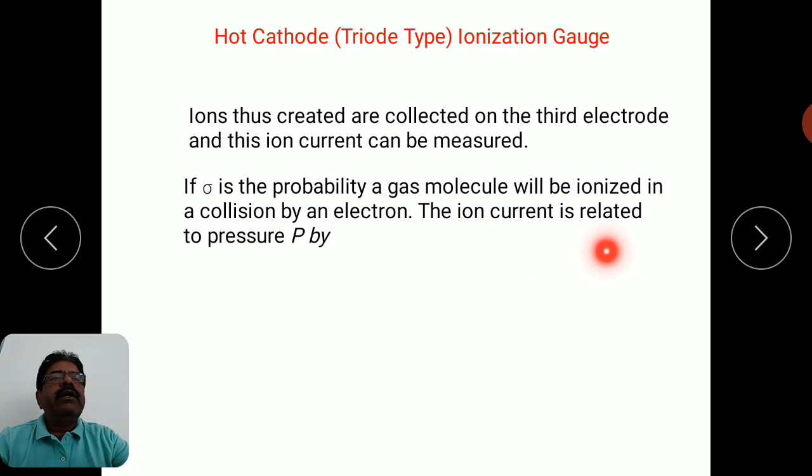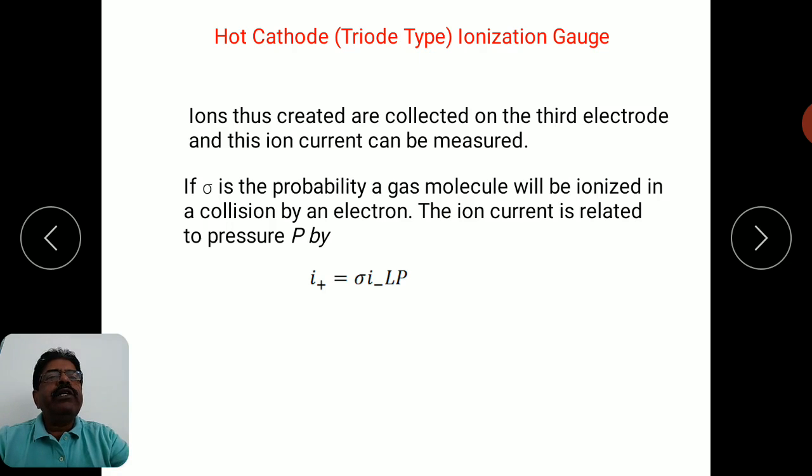The ion current is related to the pressure P by an equation. You can write an equation which gives the relation between ion current and the pressure P. Pressure P means the pressure inside the vacuum chamber to which this particular triode type of gauge is connected.